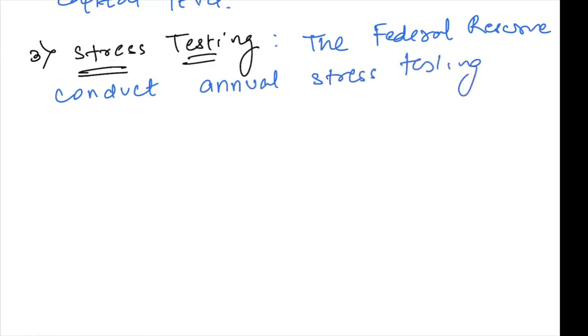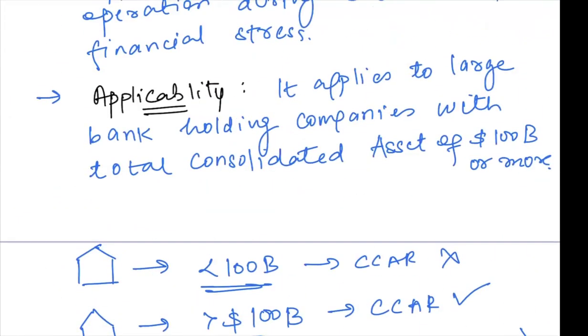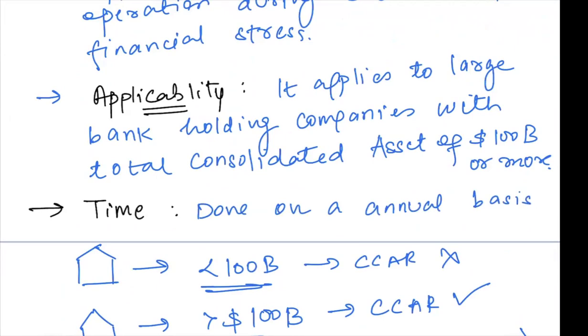See, with CCAR, always remember, one more thing, it is done on an annual basis. So what does that mean? This basically means that every year the bank has to perform CCAR. So that's why I've written it's done on an annual basis.